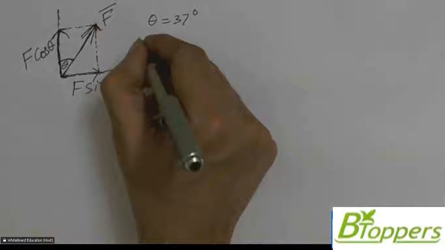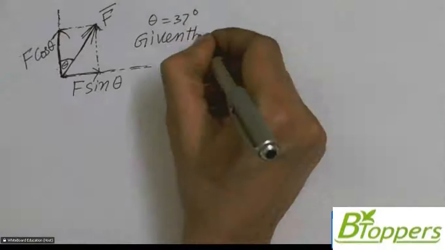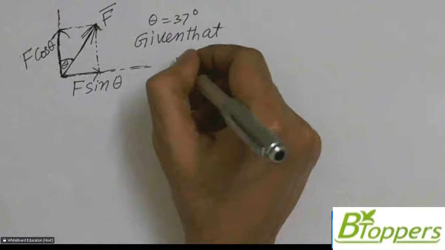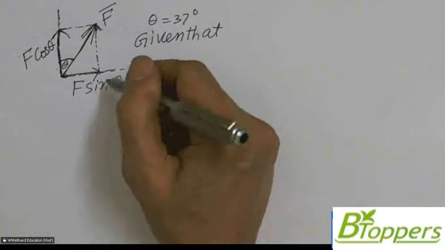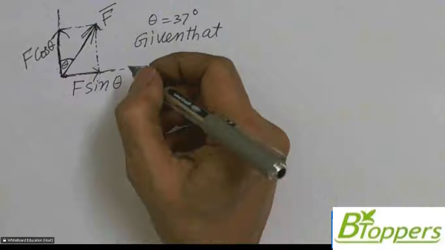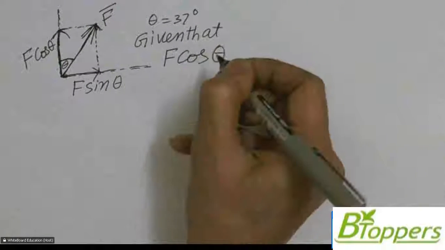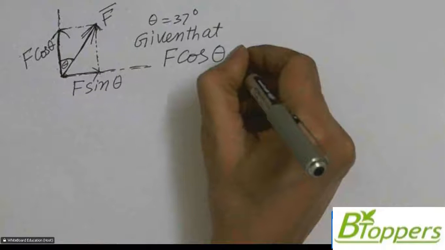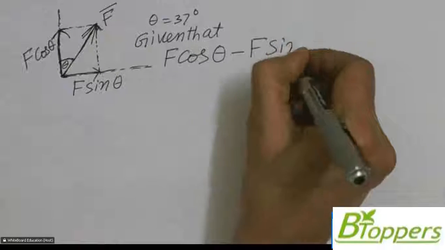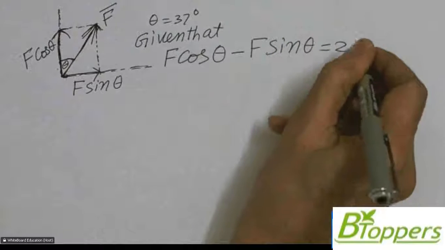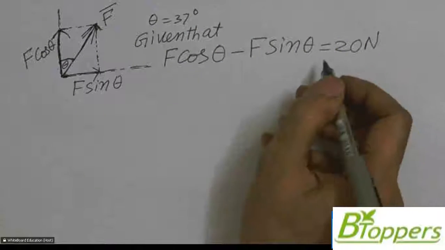So it's given that the magnitude of the vertical component exceeds the magnitude of the horizontal component by 20 newtons. That means magnitude of the vertical component is F cos theta, that is more than the magnitude of the horizontal component by 20 Newton. That means F cos theta minus F sin theta equal to 20 newtons.